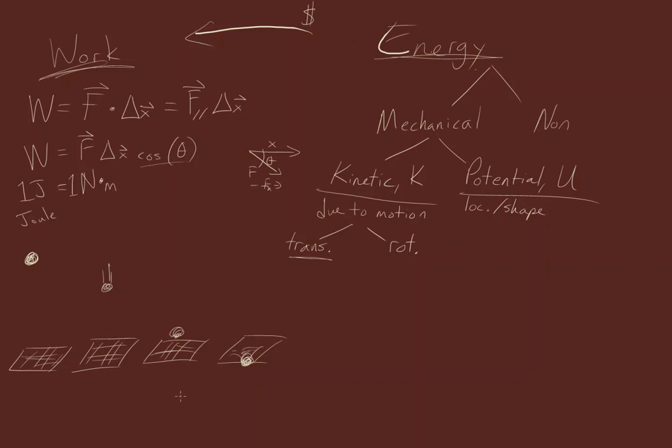And this goes back to what I was talking about, work and energy, how they relate. By placing it higher, gravity can do work on the ball and give it more speed. Well, now that the ball has more speed, it has energy, kinetic energy in this case, and it can do work on the clay, deforming the clay.